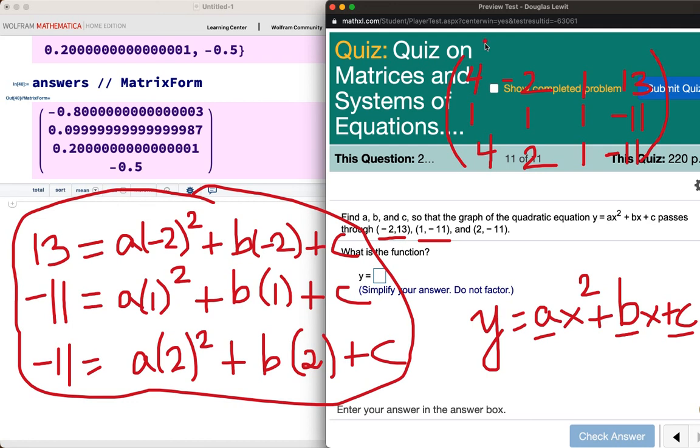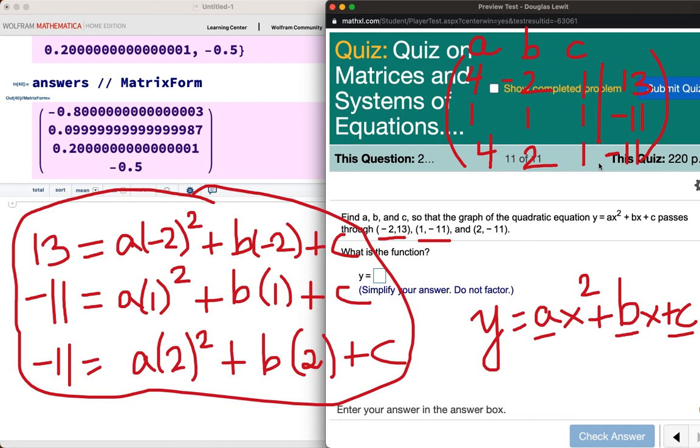So the first column corresponds to parameter A. The second column corresponds to parameter B. The third column corresponds to parameter C, and these are the numbers. Well, here they're on the left side, but I put them on the right side.